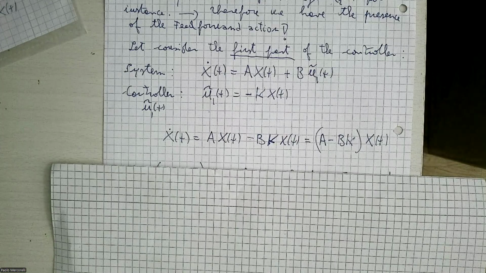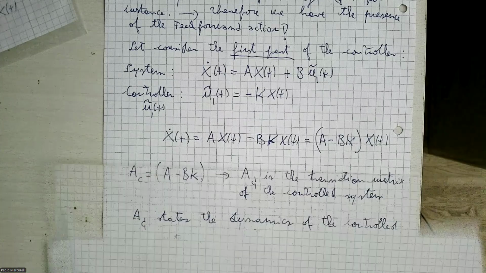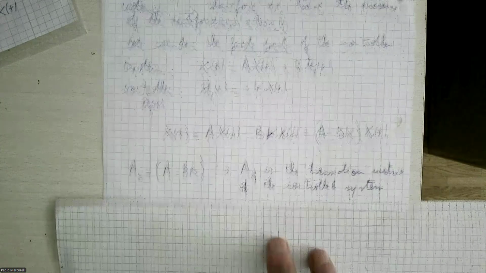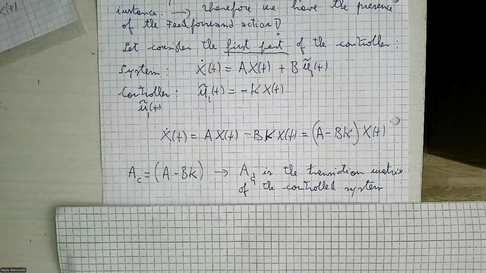If you put in evidence on the right x of t, AC equals exactly A minus BK. This is the new matrix, or the new transition matrix, if you want to be precise in the nomenclature. Last time I told you about that.